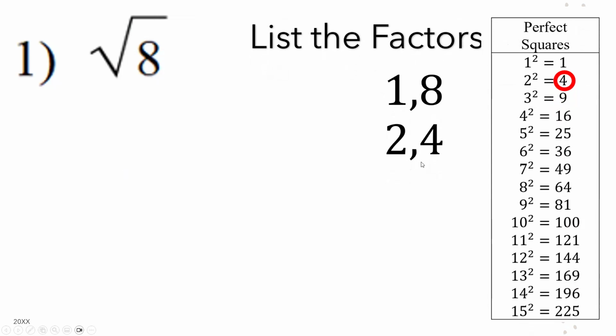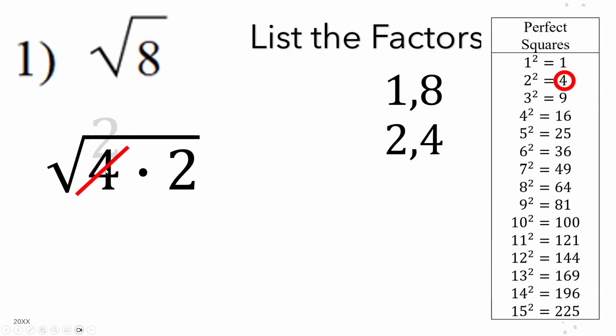Once you find what multiplies to give you 8 and the perfect square in there, what you're going to do is take it one step down. You bring down your radical symbol and then you put in what multiplies to give you 8. So it's 4 times 2. I like to lead with the perfect square first. It makes it a nice visual. Now, you can technically take the square root of 4. The square root of 4 is 2.